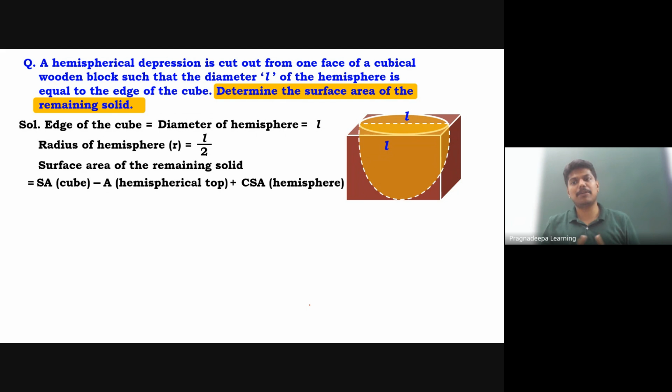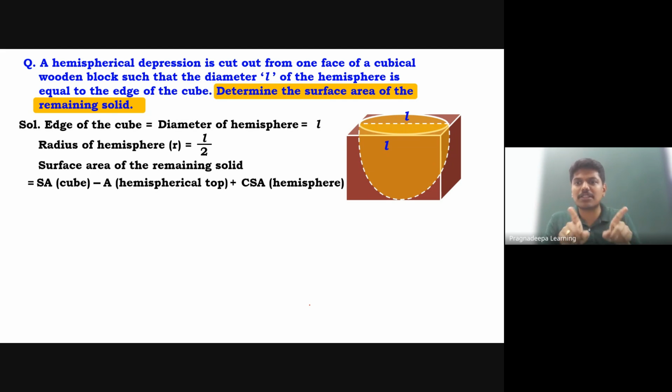If you can understand, the previous problem and this problem are of the same idea. Just try to connect the previous problem and this problem. In the previous problem, you kept a hemisphere on top of the cube. In this problem, you are finding the total surface area when you cut the hemisphere inside the cube.